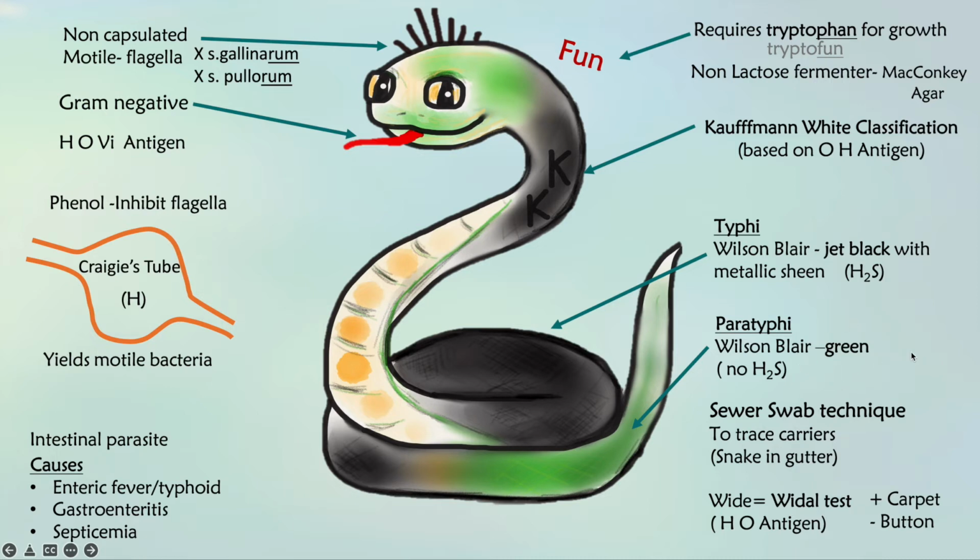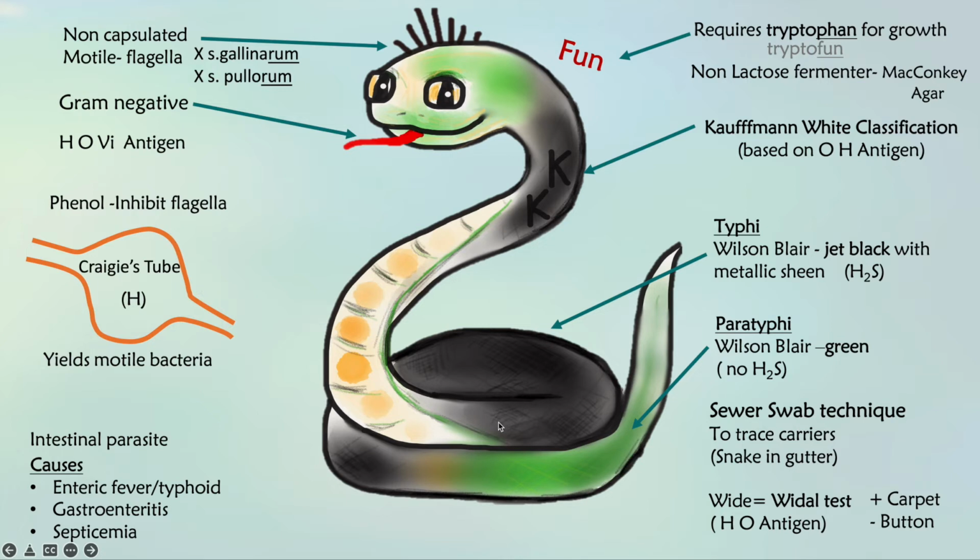A technique called the sewer swab technique is used to trace carriers. You can imagine a snake roaming around in the gutter. So a correlation to remember that the sewer swab technique is used to culture Salmonella species.